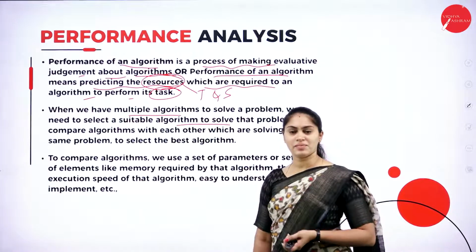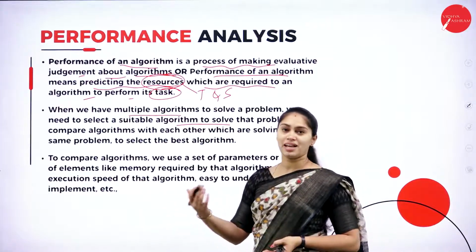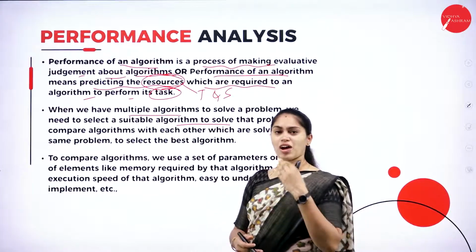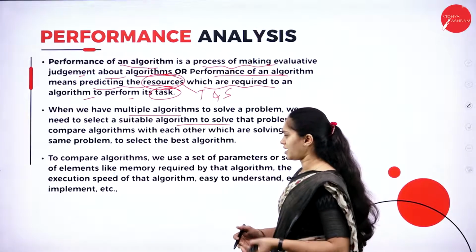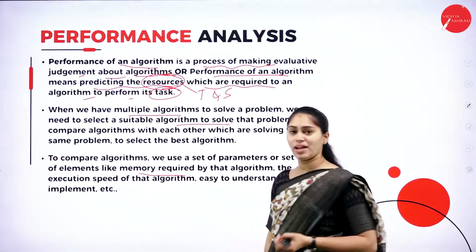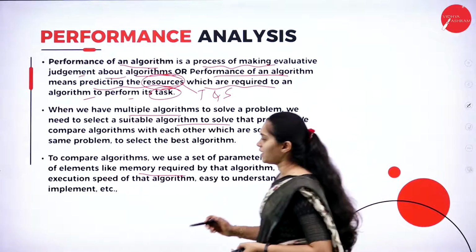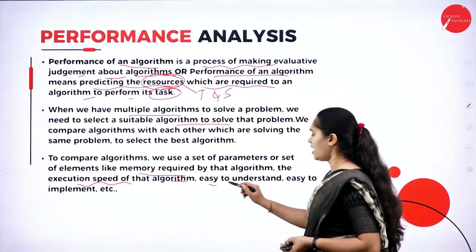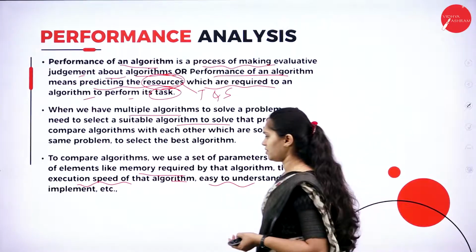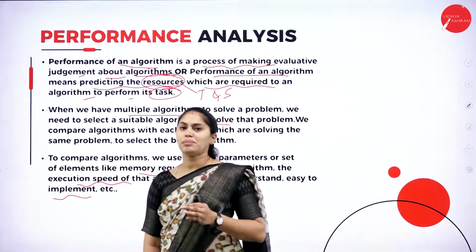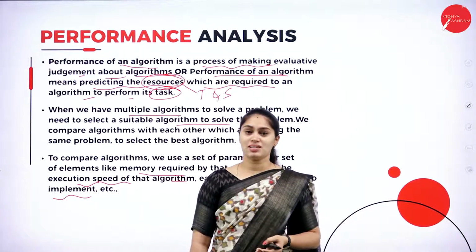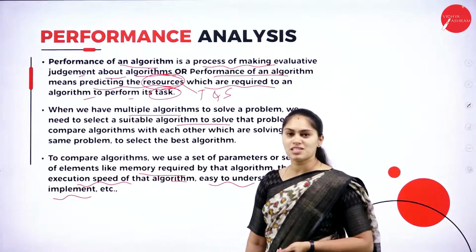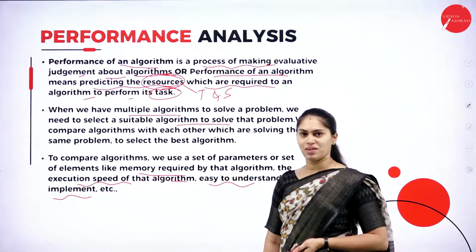When comparing the available algorithms, we need certain parameters, like the memory required by the algorithm, the execution speed, whether it is easy to understand and whether it is easy to implement. Based on certain criteria or rules, we then choose the best algorithm to get the solution for a given problem.